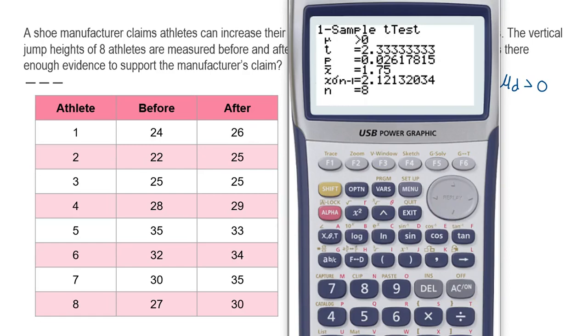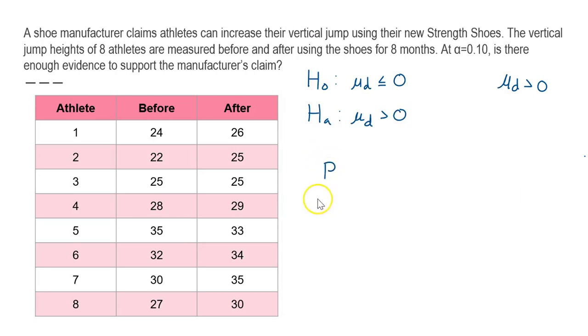I run the test and I get a p-value of 0.026. Alpha is 0.10. When I compare p to alpha, p is less than alpha. So that means I am going to reject the null hypothesis. I believe I have enough evidence to support the alternative hypothesis.